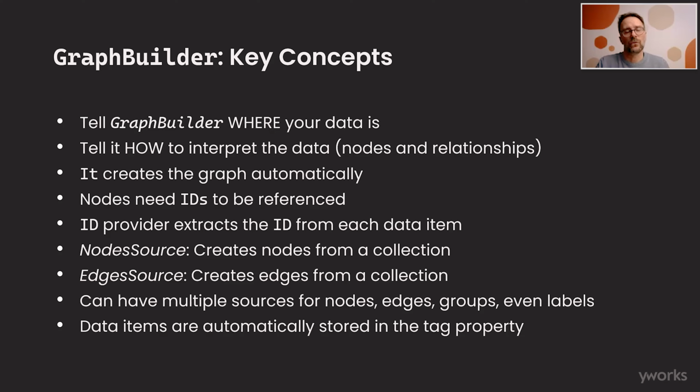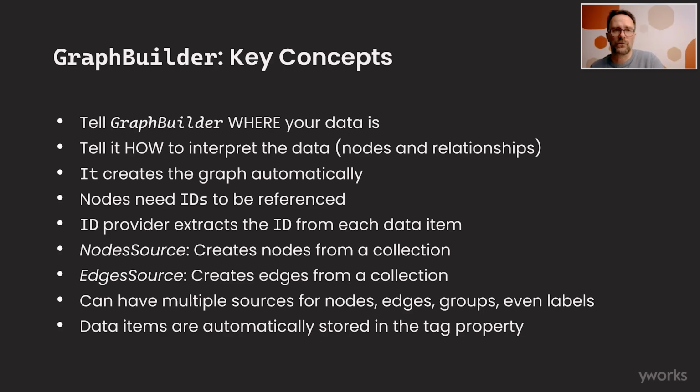This means you don't have to adjust your data to a certain pattern, but using this technique, you can use any data source that has nodes and edges. If you're going this way, nodes actually need to have IDs because obviously yFiles needs to reference them, but IDs could be just the objects in case you actually have objects already. The ID provider that we saw extracts the ID from each of the items and then performs the mapping for you.